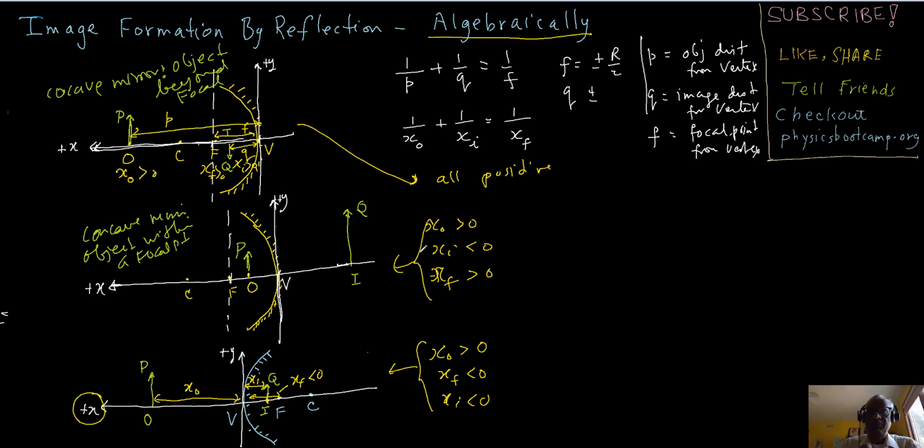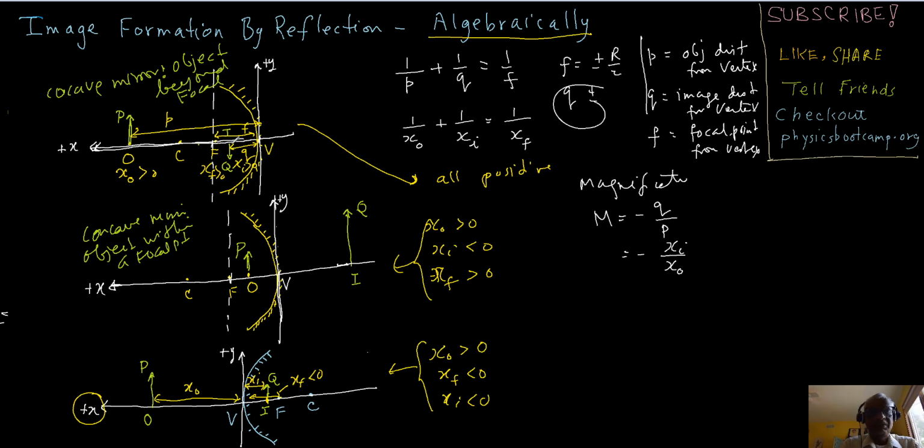Same thing for magnification. You may have studied magnification, which is usually written m equals minus q over p. And q can be sometimes positive, sometimes negative, right? But if you write this as minus xi over xo, it makes everything obviously correct.